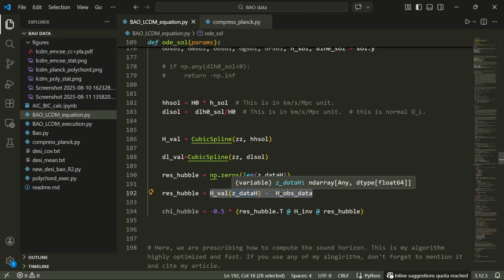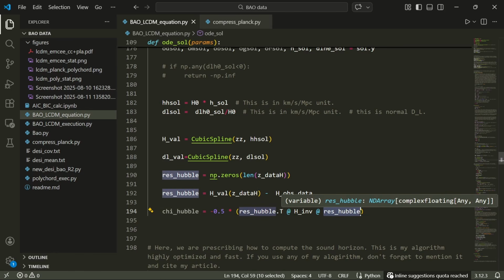Now this is the array. This is also an array. Whatever you will get is an array of one dimension. Now I have the chi Hubble. Then chi Hubble becomes minus 0.5 times the residue of Hubble in the transpose, times the covariance matrix, and again the Hubble residue, right? So this is 1 times n, the matrix form becomes the row.